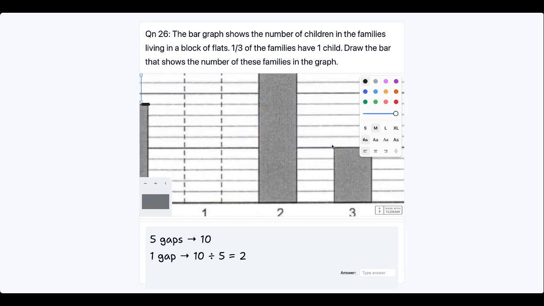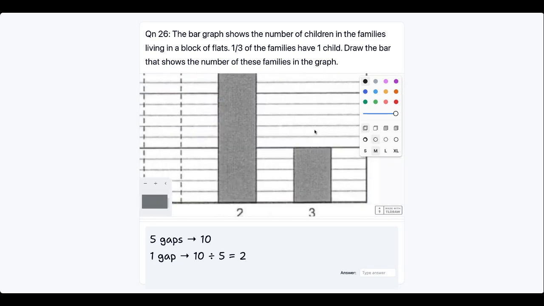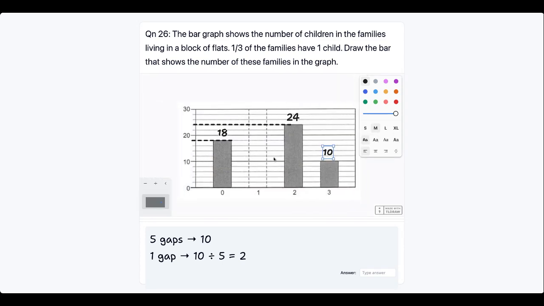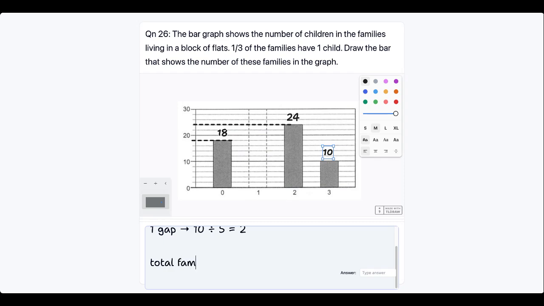Okay. All right. So we know that everyone except one child. So I will say total families without one child is equal to 18 plus 24 plus 10.